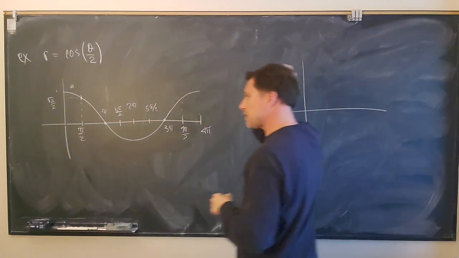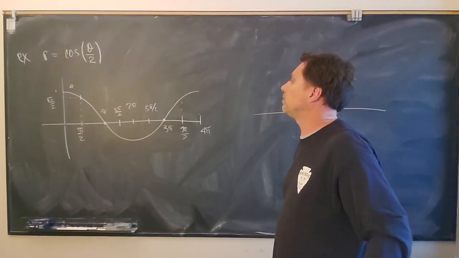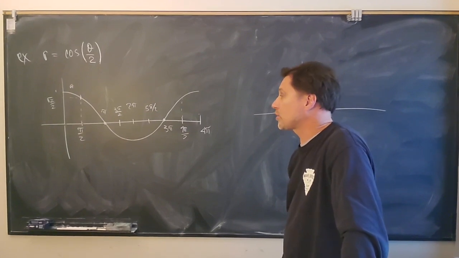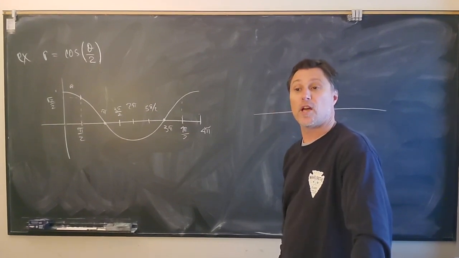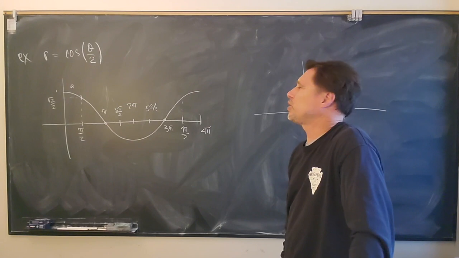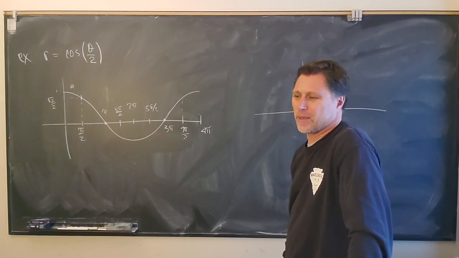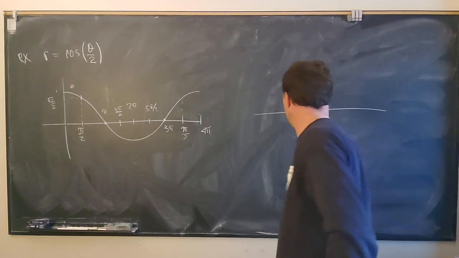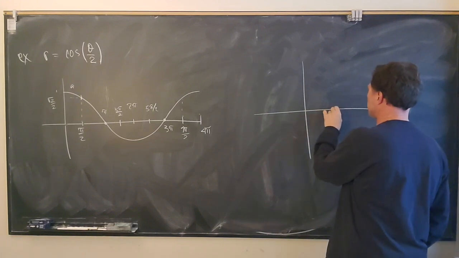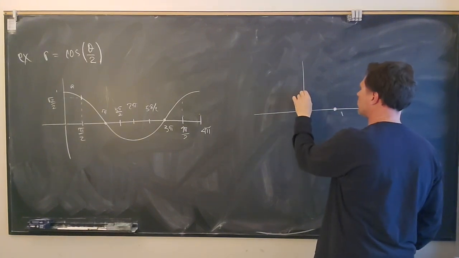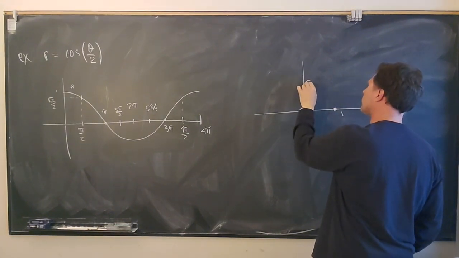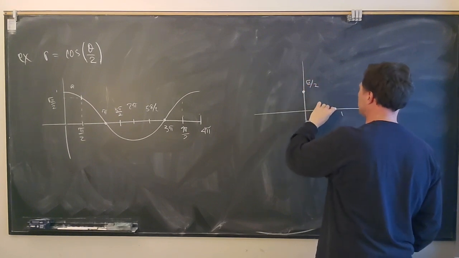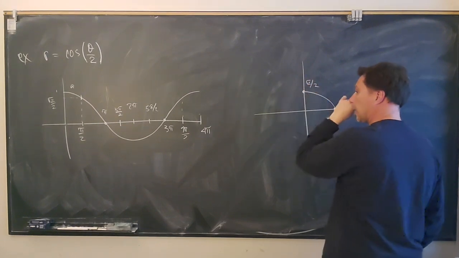So the radius goes from 1 to root 2 over 2. Root 2 over 2 is somewhere around 0.7. If this is distance 1 right there, then root 2 over 2 is something like that. So we have a picture like that.